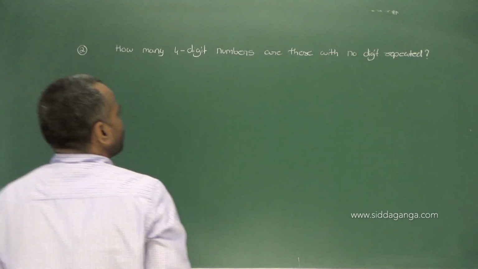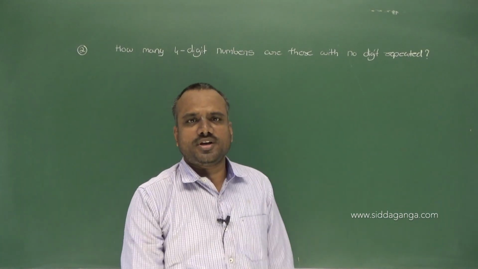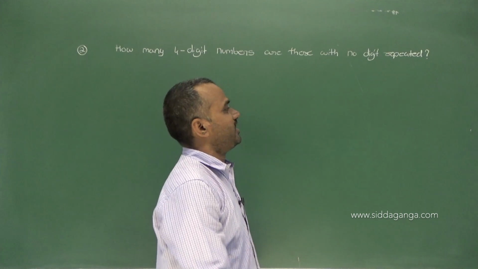How many 4-digit numbers are there with no digit repeated?